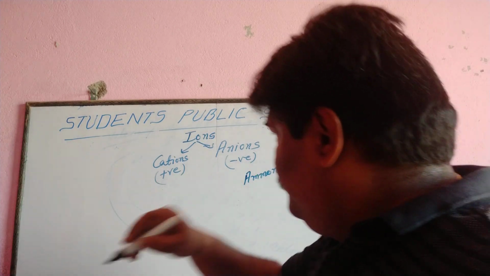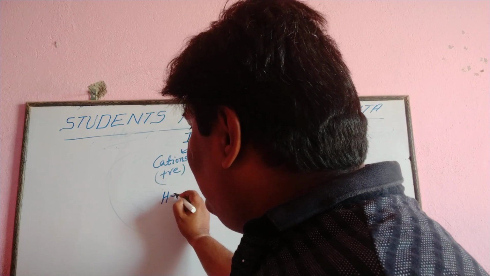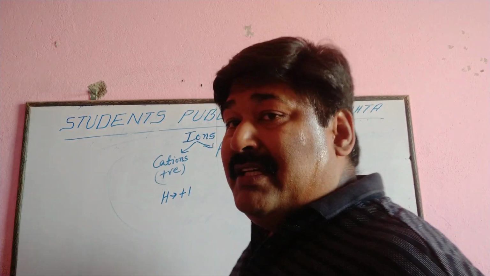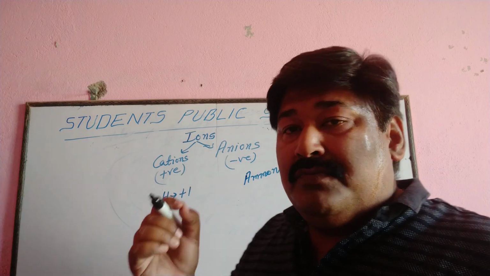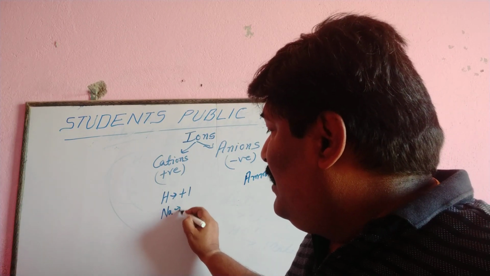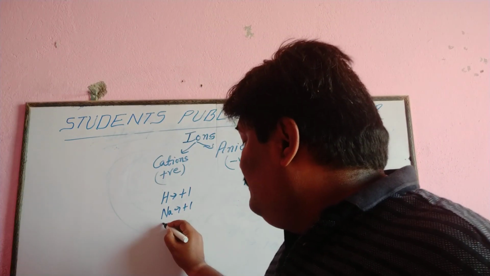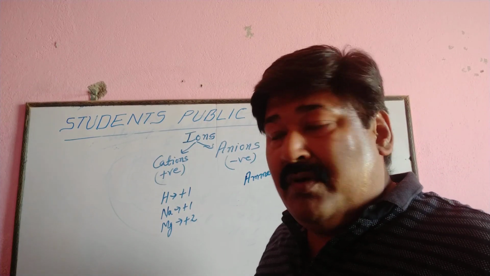You know, hydrogen has positive charge, +1 charge. Why does hydrogen have +1 charge? It will share 1 electron. Then sodium +1 charge. It will lose 1 electron. Magnesium +2 charge. Okay, now see.